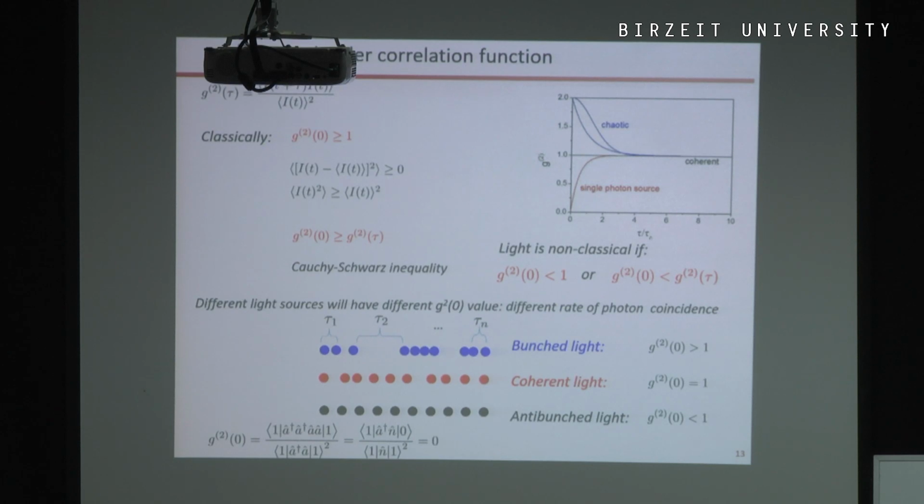It's not light that I just switched on and is still reaching its steady state. The light is on for a very long time and it's the same at time t, at time twice t, etc. So I can get rid of t, and I'm getting rid of tau because I'm calculating G2 at time equals 0. So now I take this group of operators and I'm operating on the single photon source with it.